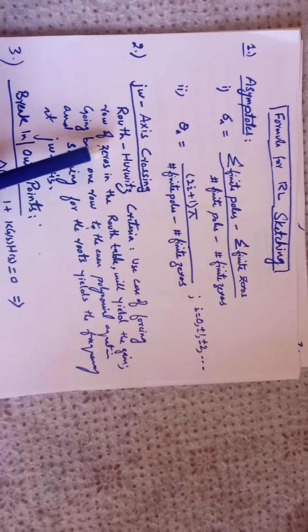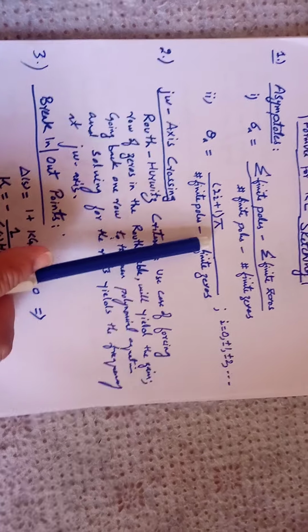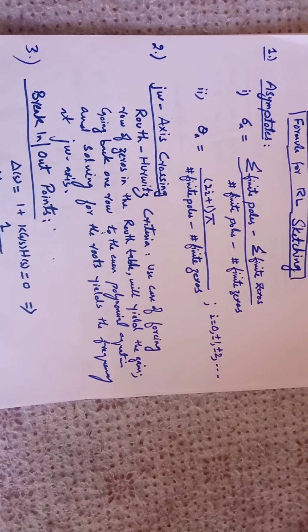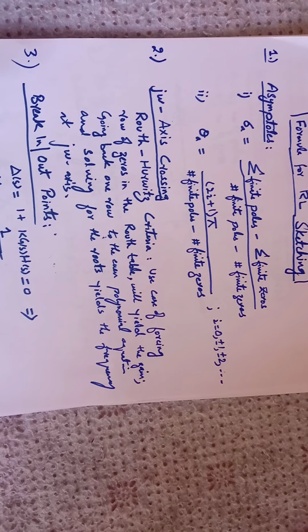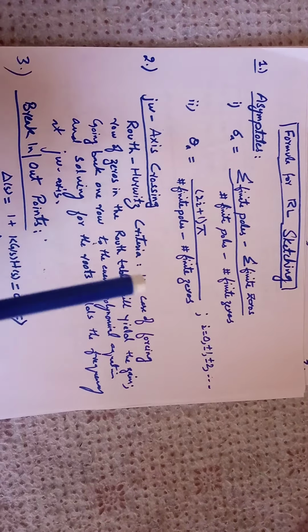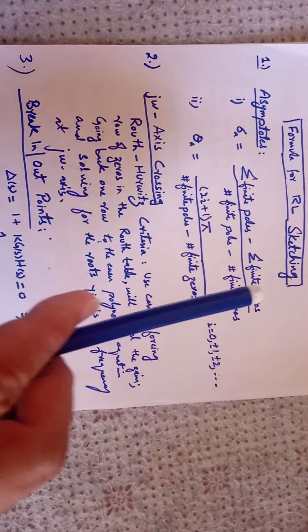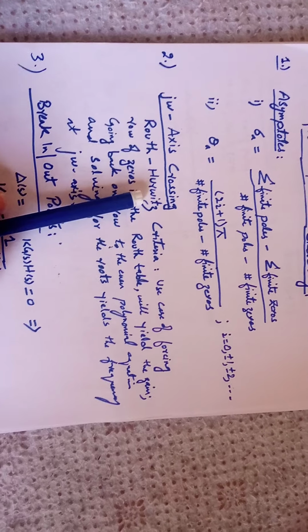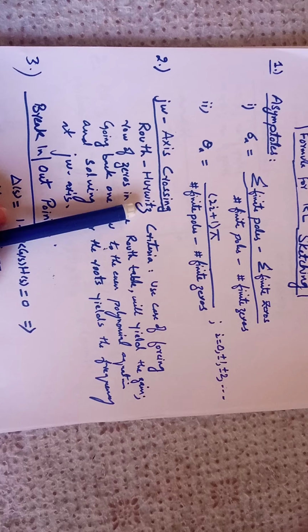Now the next important point: when these asymptotes go towards infinity, they can go towards the right-hand side, or sometimes our root locus doesn't go to infinity but crosses the j omega axis. So we need the values where they cross the j omega axis, the imaginary axis. For that we need the Routh-Hurwitz criterion, which we already discussed in previous videos.